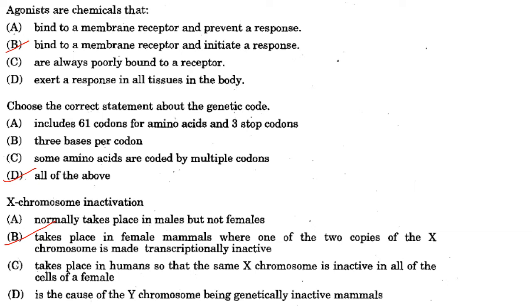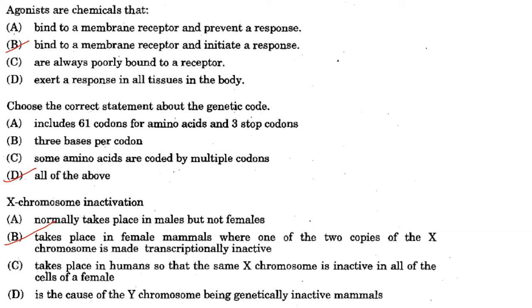Choose the correct statement about the genetic code. It includes 61 codons for amino acids and 3 stop codons. 3 bases per codon. Some amino acids are coded by multiple codons. All of the above. So the answer is that all the statements are correct with regard to the genetic code.